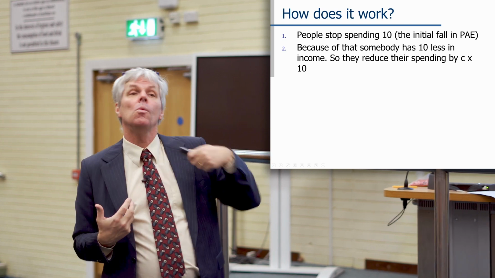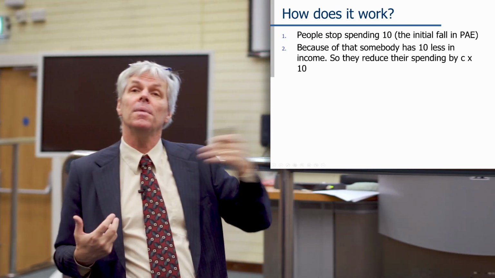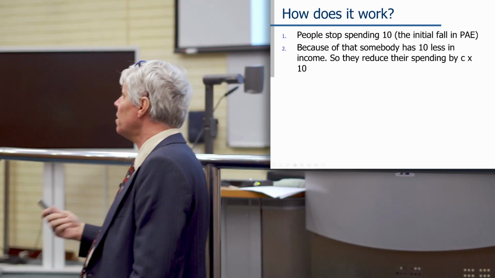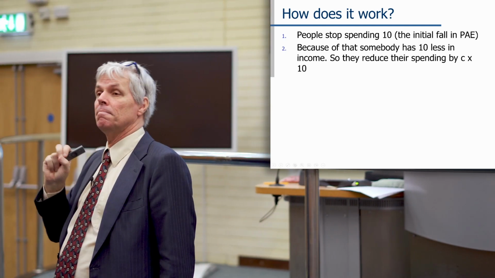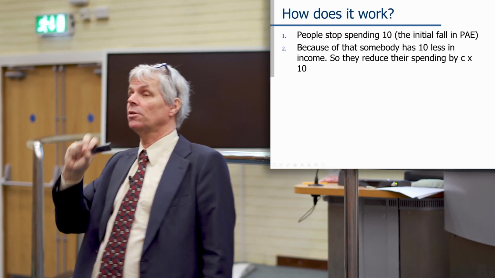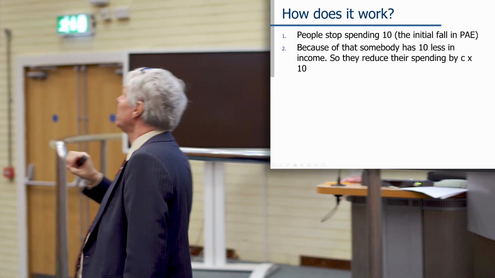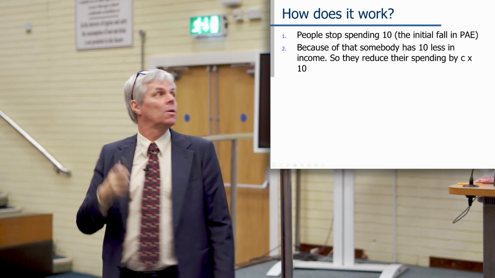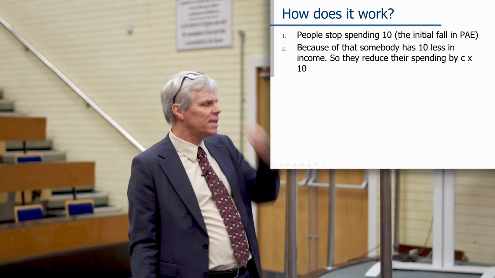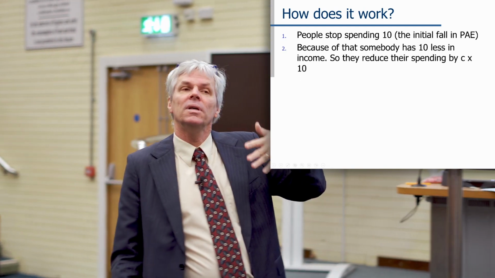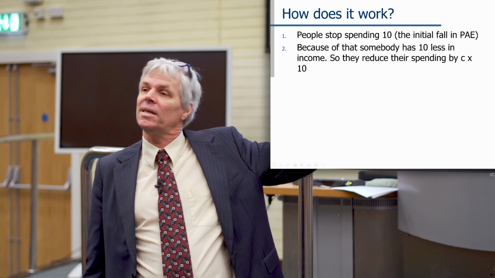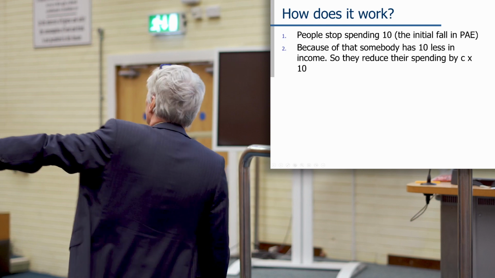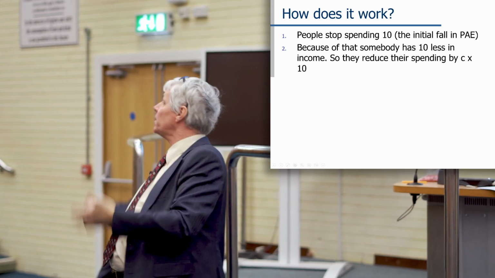And in our story, what a poor person does, a person with low income, is they stop buying as much stuff. And his spending falls by 10 times C, right? Because his income has fallen by 10, and he reduces his spending by C times his income. Right? So his income will fall by 10, but of course, as now his spending fell by C times 10, now he used to be going to some other barber and getting his hair cut, but now he's not doing that.